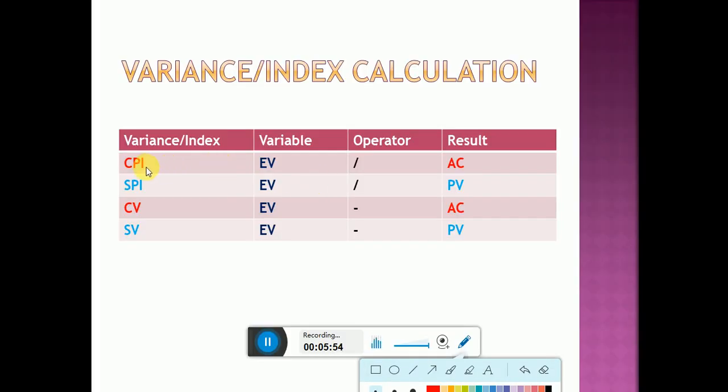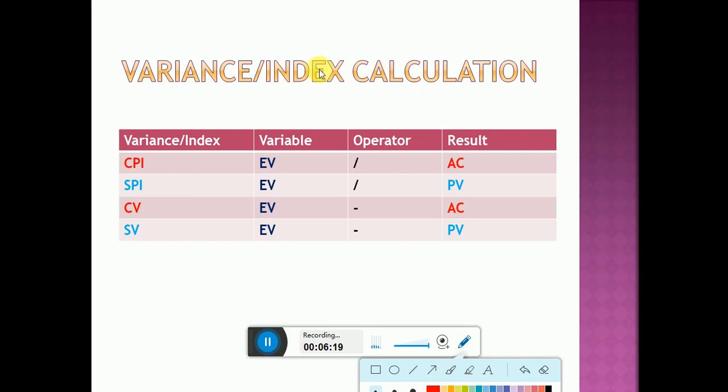If I calculate the cost performance index, that's the CPI. Whenever we think about an index, the operator that comes to mind is division. Always remember, as I said, the earned value is a king, so mark EV as a mandatory variable.